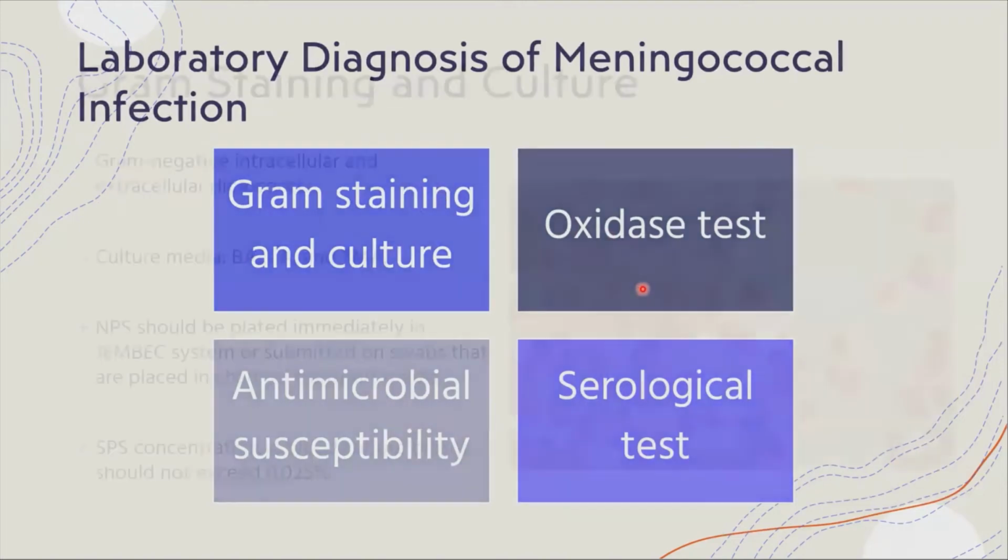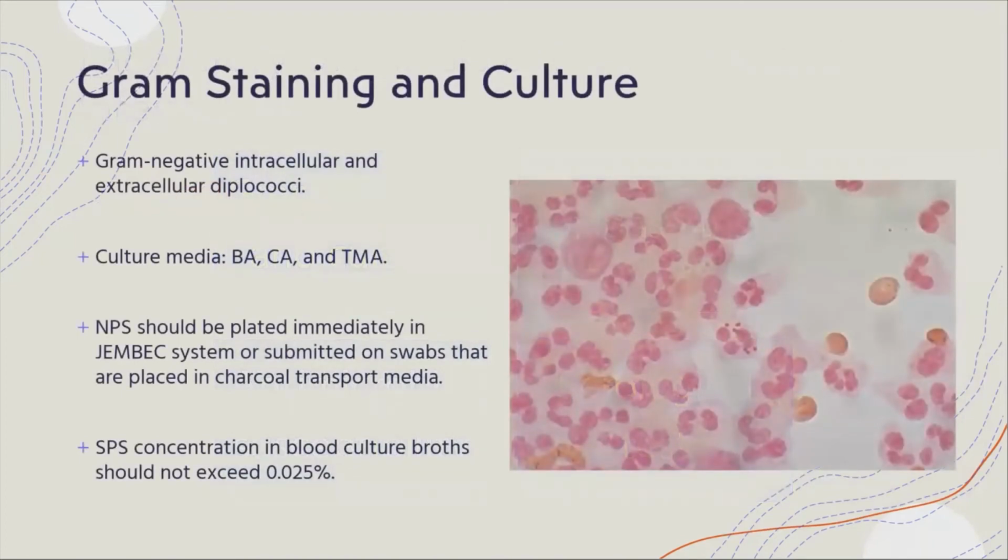For gram staining and culture, so they also appear gram-negative intracellular and extracellular diplococci. So in the case of meningococcal meningitis, ang una nyo makikita kapag nag-perform kayo ng CSF microscopy or yung CSF fluid cell count, makikita nyo yung ating mga abundant white blood cells, particularly yung mga neutrophils.